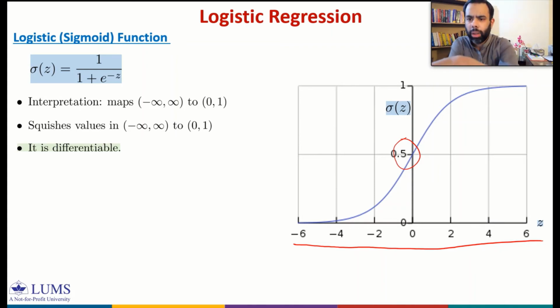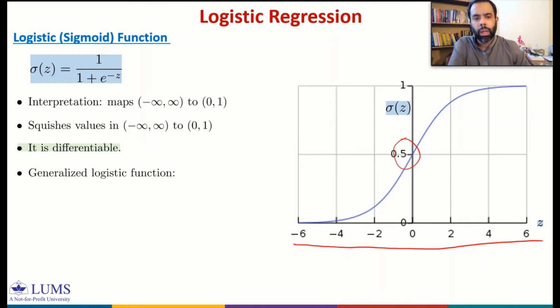We call this function the logistic function, but this is in fact a simplified form of a generalized logistic function, which is given by three parameters: capital L, which is the maximum value the function can take, where the minimum value is 0; K, which quantifies the steepness of the logistic function; and z naught, which is the center.